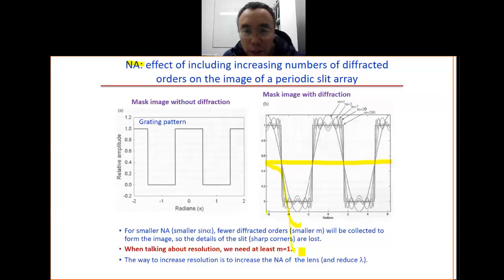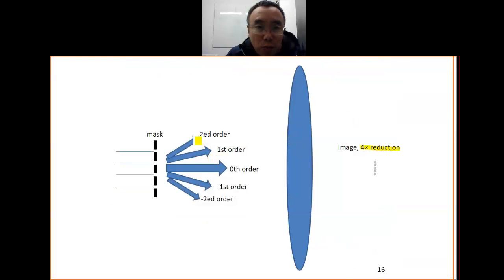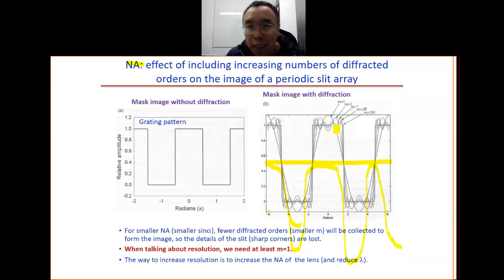This is the sinusoid, m equal to 1. If you add the 0 order and the first order, you get this one. If m equal to 3 is also collected, you get this curve. Eventually, if you get very high orders, such as m equal to 200, the light profile is almost the same as the ideal case without diffraction.